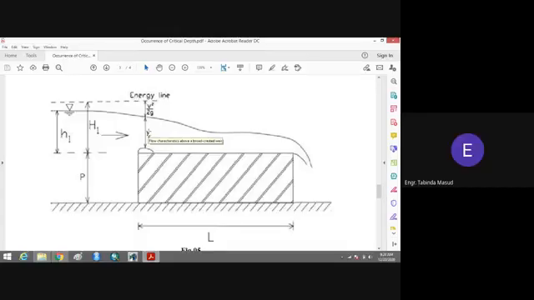But remember that whenever weirs are constructed, usually the height of the weirs is taken in such a way as to have the critical depth of flow over the weir, because we know that where we have the critical depth of the flow, that becomes a control section. Control section means a section where you can find the relationship between the depth of the flow and the discharge. You can easily find the depth of the flow over the weir.